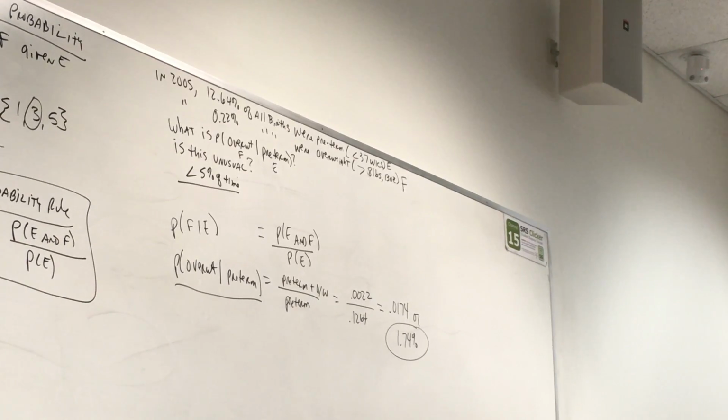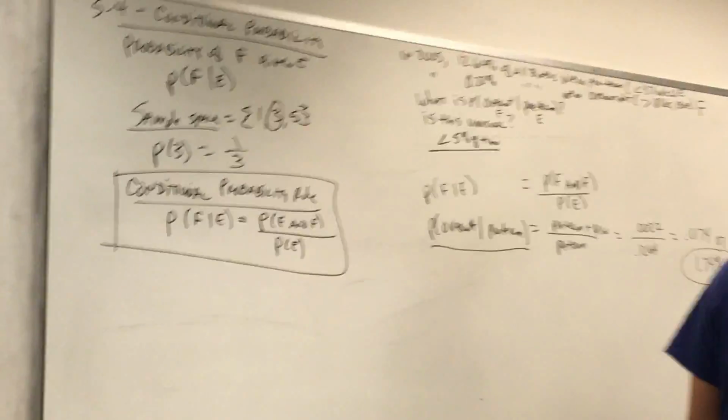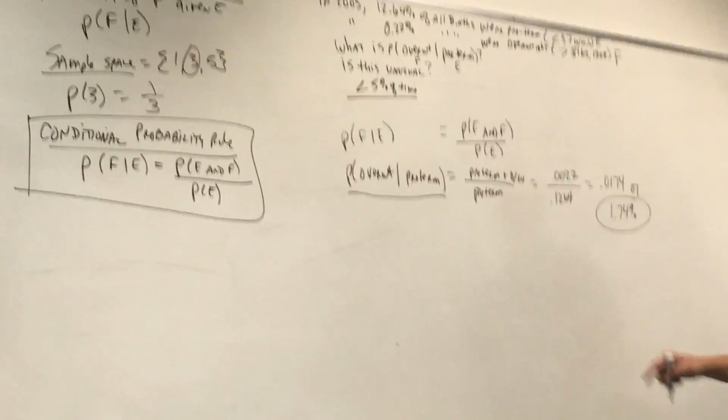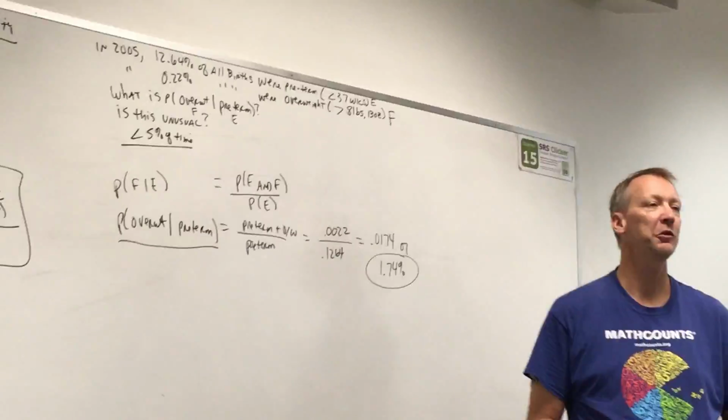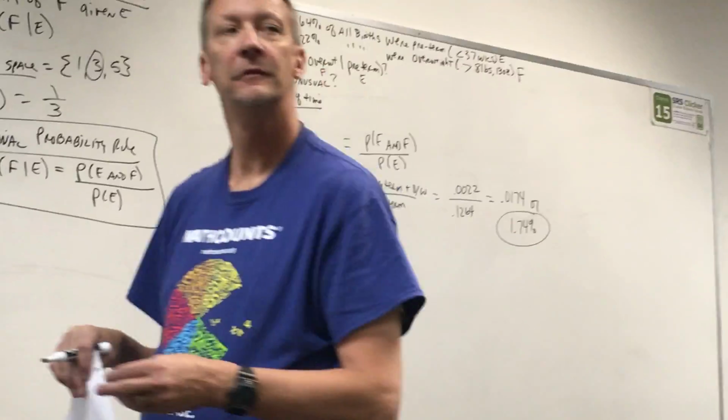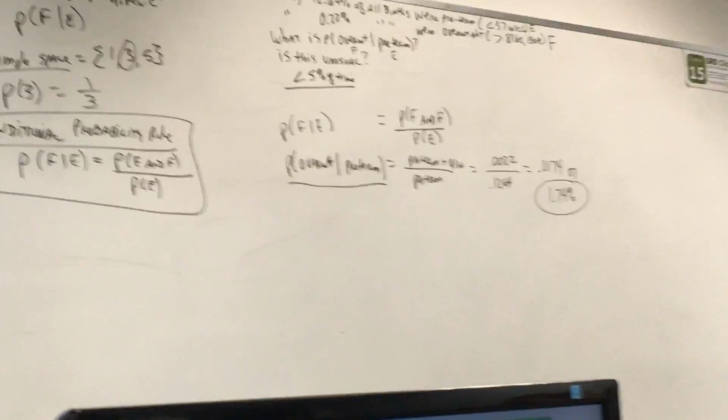So, Cooper, why wouldn't you do 0.0022 plus 0.1264? Okay, so if you're adding them, what are you assuming? You're assuming that they're mutually exclusive. Are they mutually exclusive?